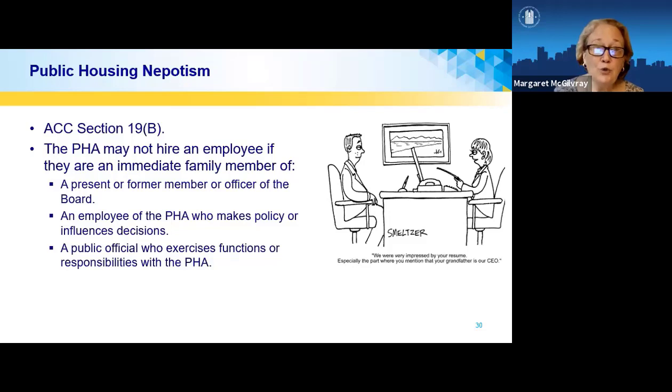However, if you have two maintenance men and one of the maintenance guys comes and says, my stepson would like a job here, if they go through the personnel process and everything's on the up and up, then that's perfectly fine because those maintenance men do not have a policy role at the organization.